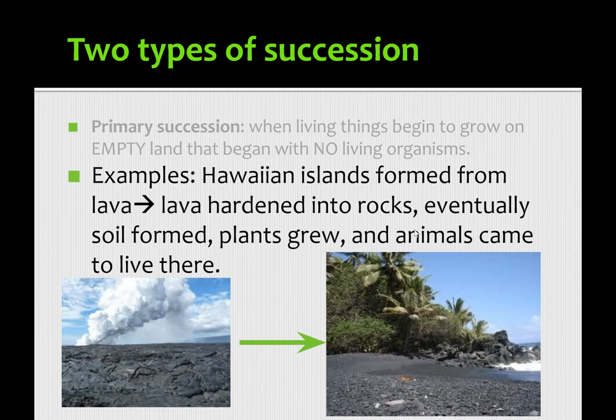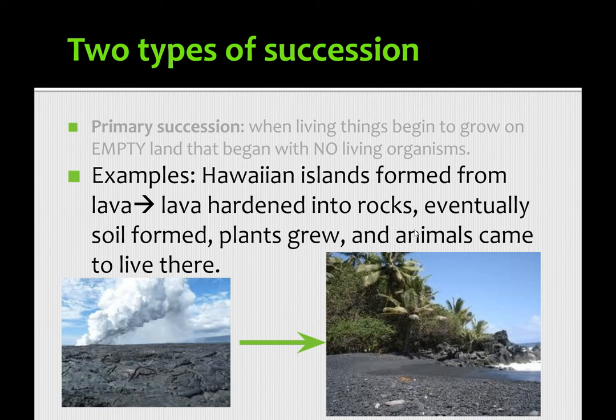And so they would cling to the rocks. They would start to break the rocks apart to get to the minerals inside. And then as the lichens died, they eventually formed the very first layers of soil on these islands. And then from that soil, larger plants were able to develop and take root, and then eventually animals could live there.